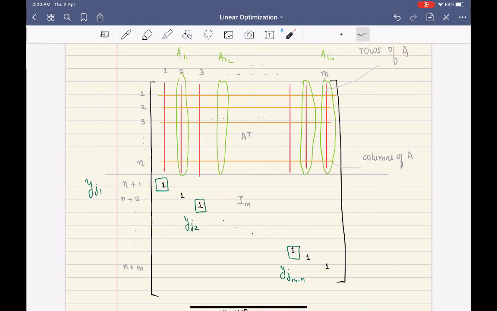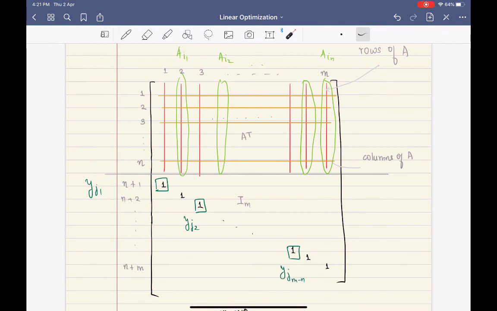Okay, which will imply that if I restrict to only the green part and look at the rows, they will be linearly dependent, if any of them is non-zero. But that is not the case. So all of these alpha 1 till alpha n will be equal to 0. But then everywhere else in all other j's it is 0. This will imply that even alpha n plus 1 is 0, alpha n plus 2 is 0, and so on till alpha m is 0. Okay.